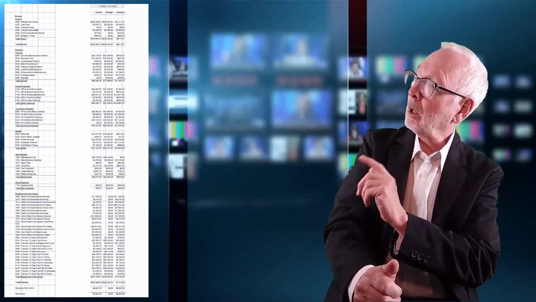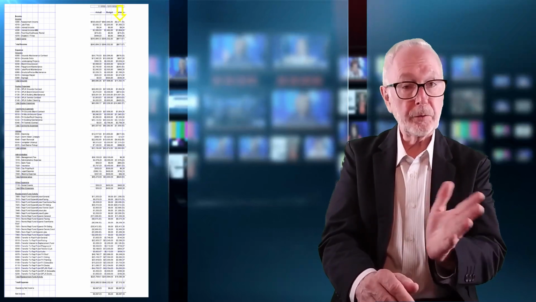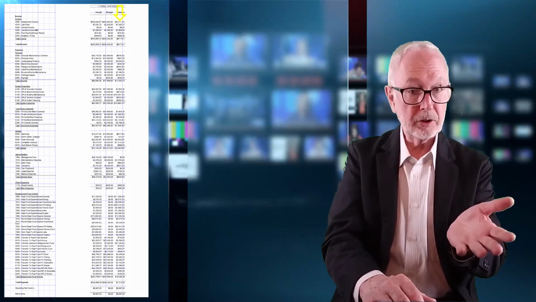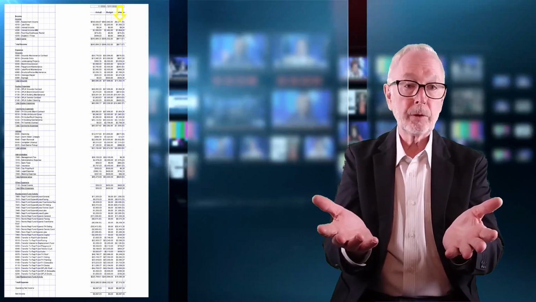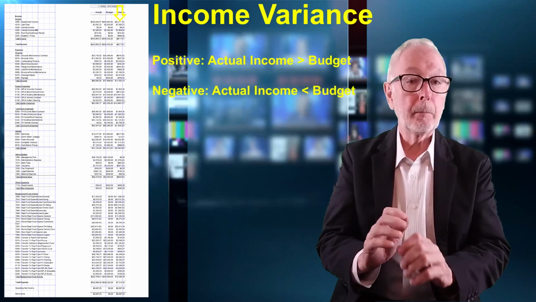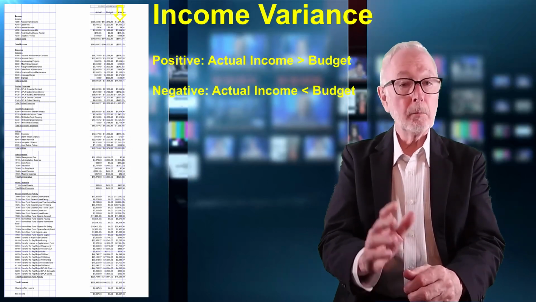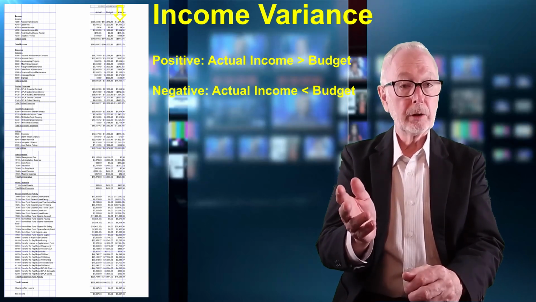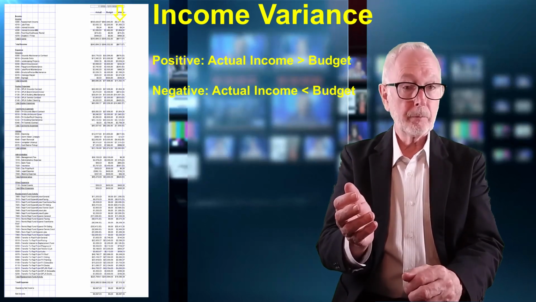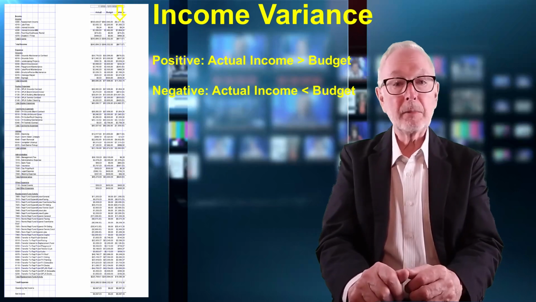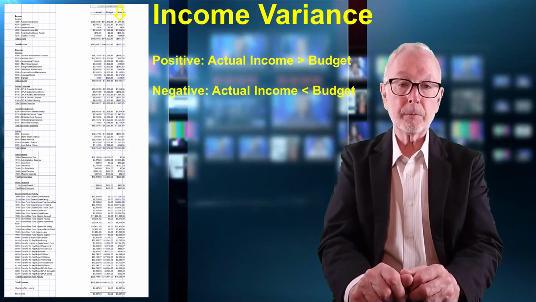And this final column shows the difference or variance between the budget and the actuals. For income, a positive variance means that more income was received than was expected in the budget, while a negative variance means less income was received.